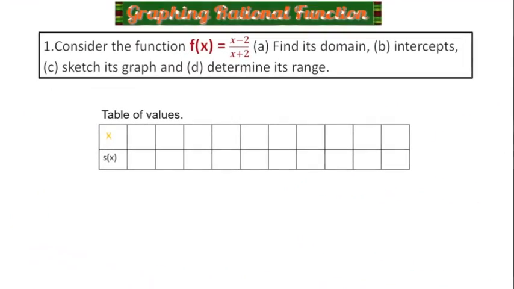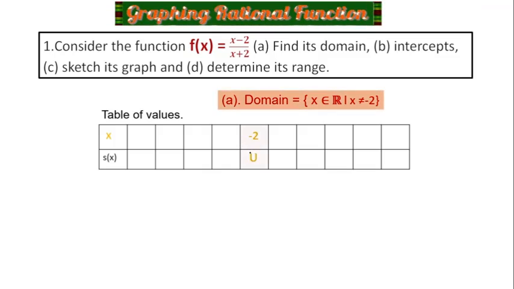Okay, so again, we have here our function, then we will build our table of values. We know that our domain is all real numbers except negative 2, so we will take note of this. We will evaluate numbers on the left side of negative 2 going to the left, and from negative 2 going to the right.